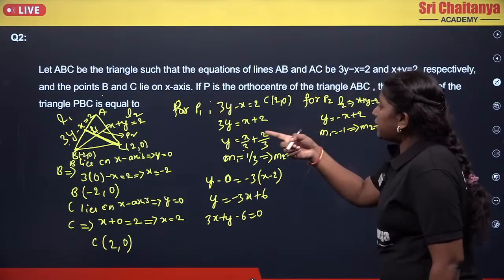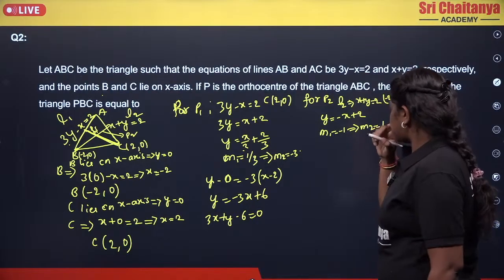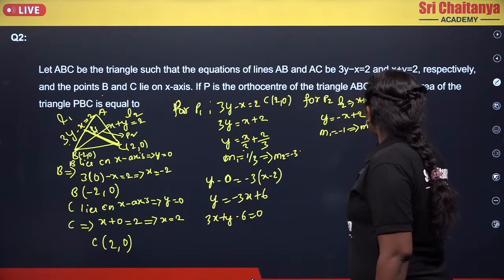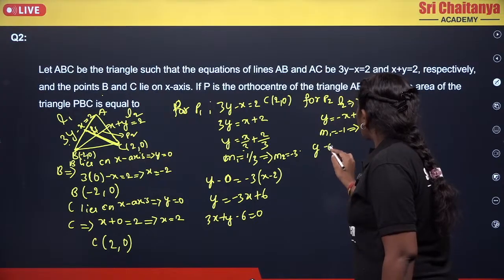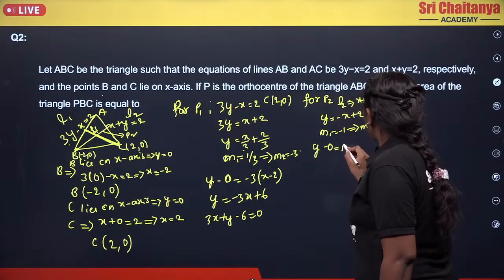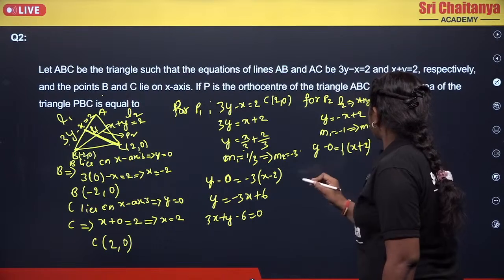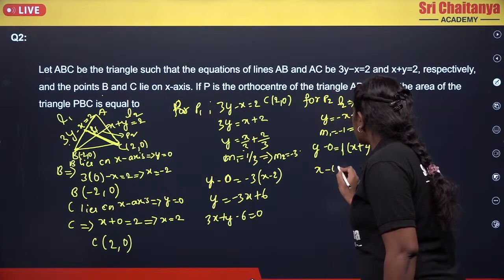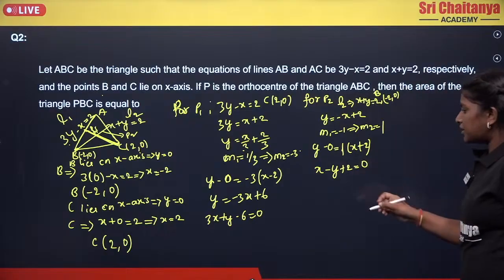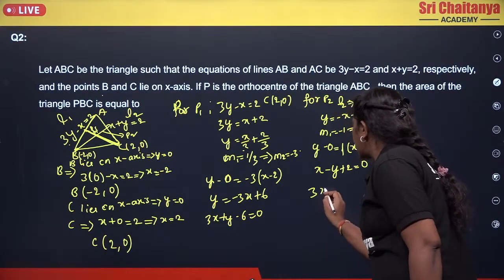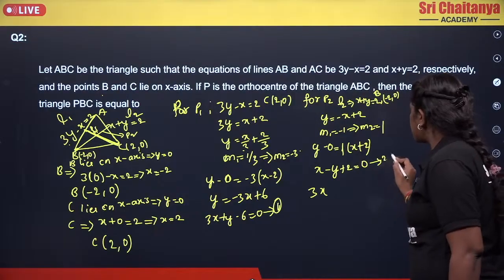Now we will take the point B, which is minus 2 comma 0. So perpendicular will be y minus 0 equals 1 into x minus of minus 2, which is nothing but x plus 2. So x minus y plus 2 equals 0. Okay. Now just simplify them. So this is your equation 1 and this is your equation 2.